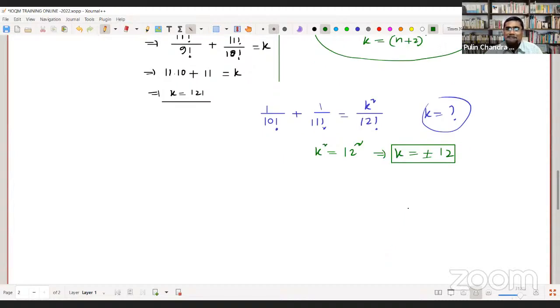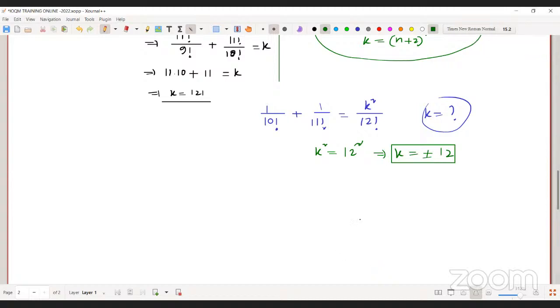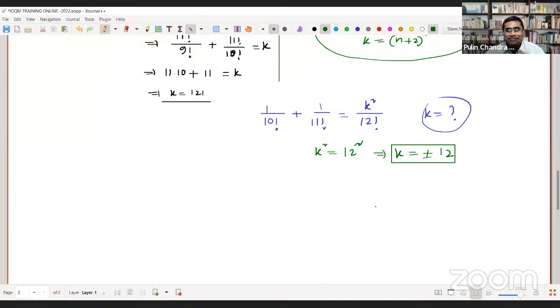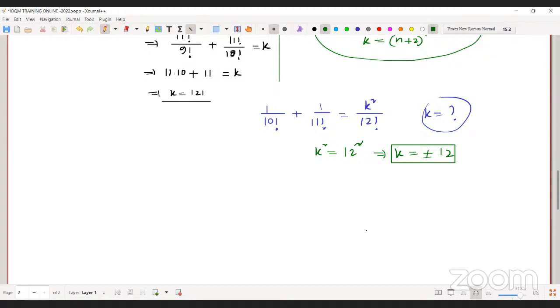What is the reason that it is not considered? Sir, because factorial cannot be negative. Sir, because 12 was under 12 factorial, and if you take out 12, it can be minus. It means it can be negative.